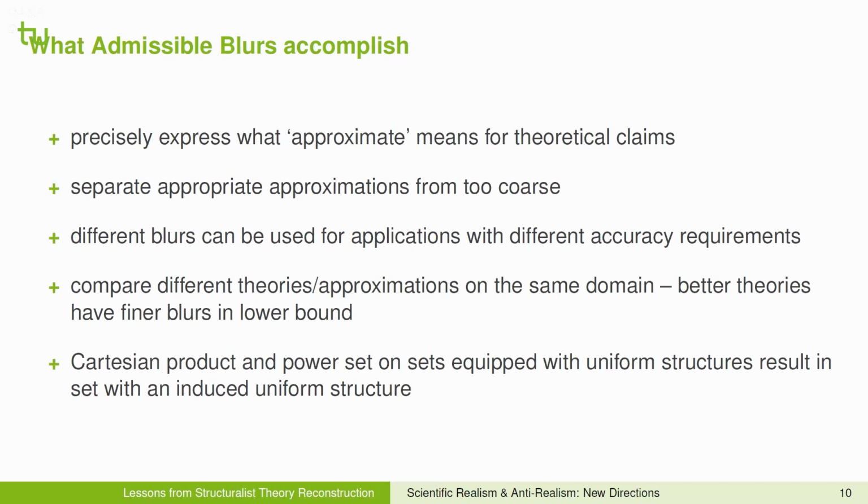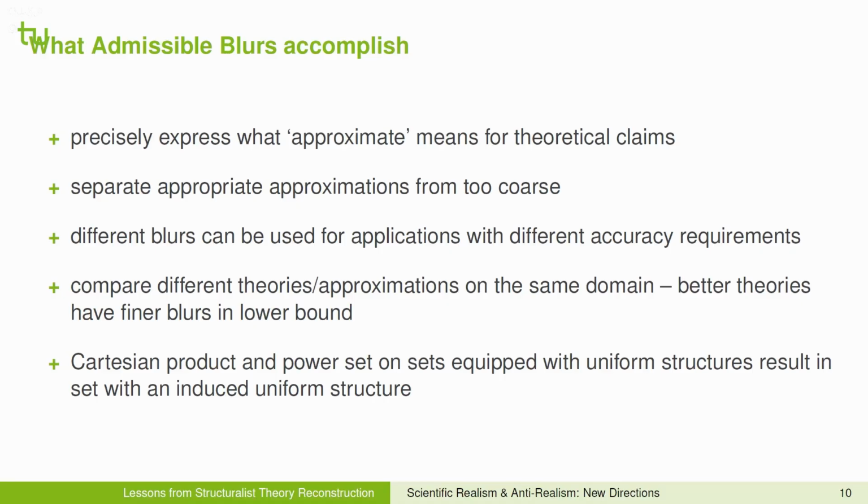In other applications, it's very important to have very precise values in the lower domain, so I can use different blurs. And since we have the relative closeness here, we can compare different theories or approximations and say which one is the better one in this sense.